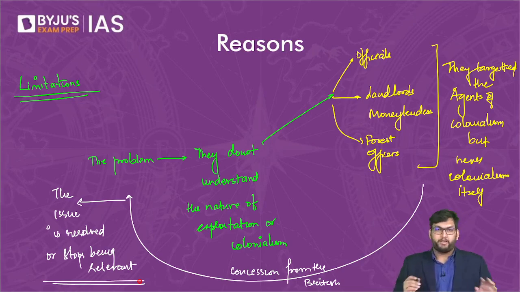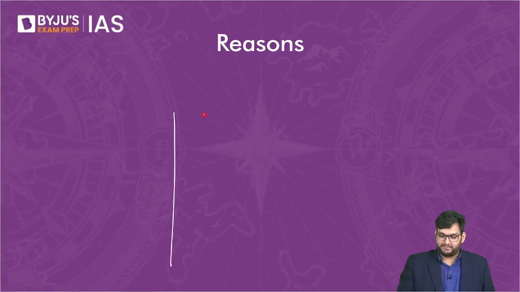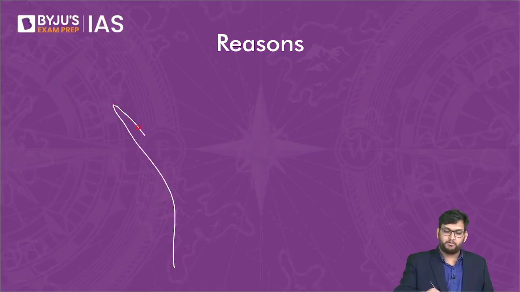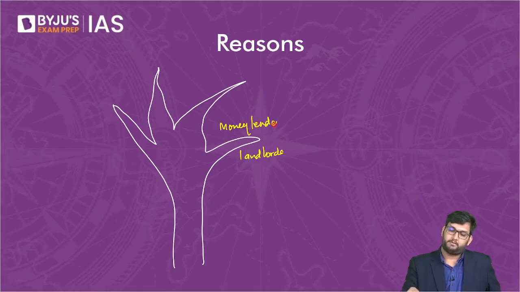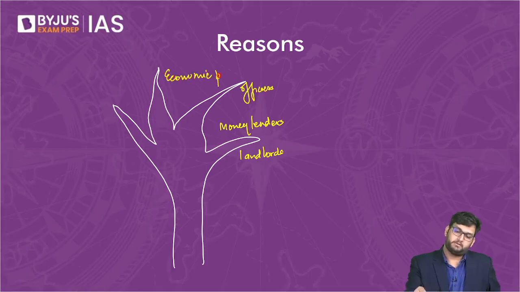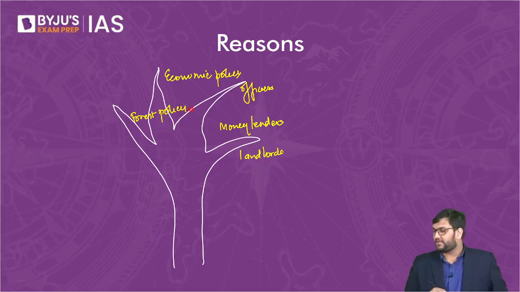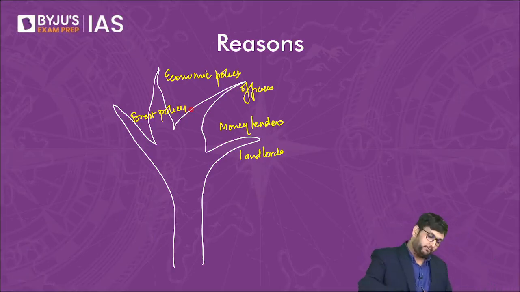They are trying to chop the different branches of colonialism, which are landlords, money lenders, officers, economic policy, forest policy. They are not understanding that the problem is the trunk.